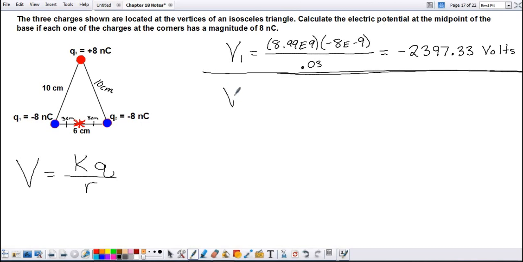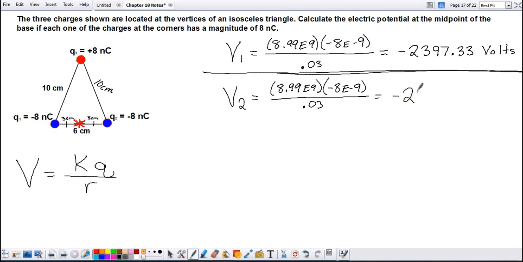Next, we need to find the potential from the second charge. Again, Coulomb's constant, 8.99 times 10 to the 9th, times the charge, negative 8 nanocoulombs, so times 10 to the negative 9th, divided by the distance, which is 3 centimeters again. It's exactly the same for this one.